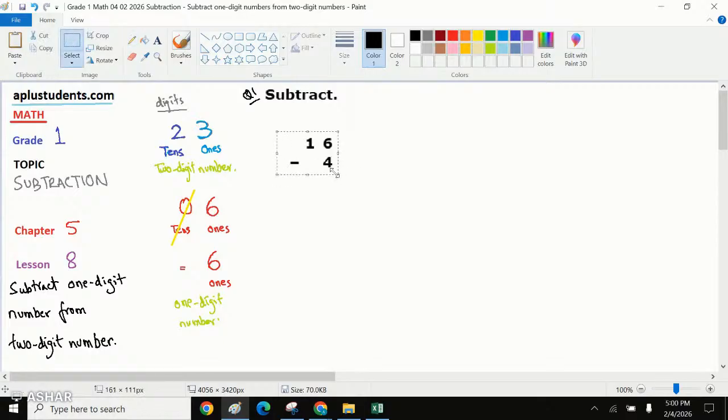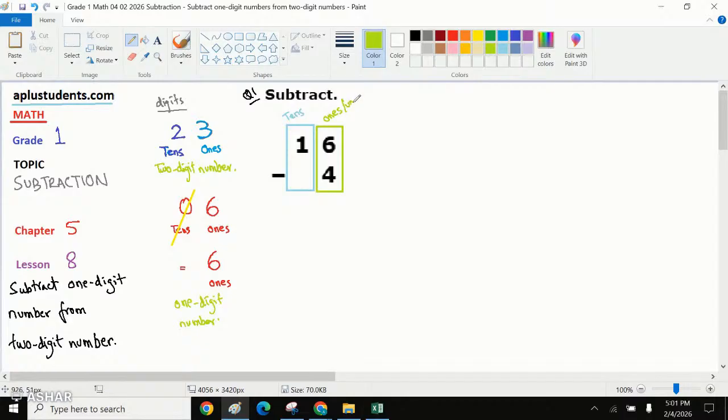So once we have 16 minus 4, these numbers would be our ones and these numbers would be our tens. Do we agree? So we can say these numbers were tens and these numbers were ones.